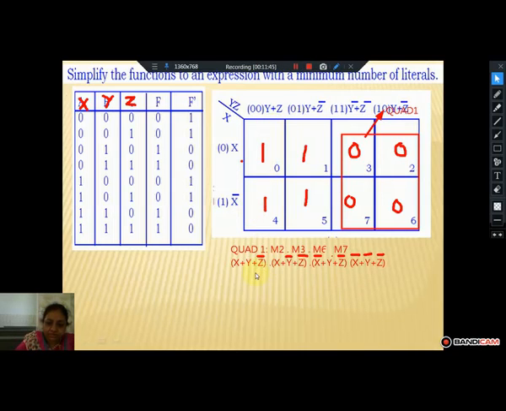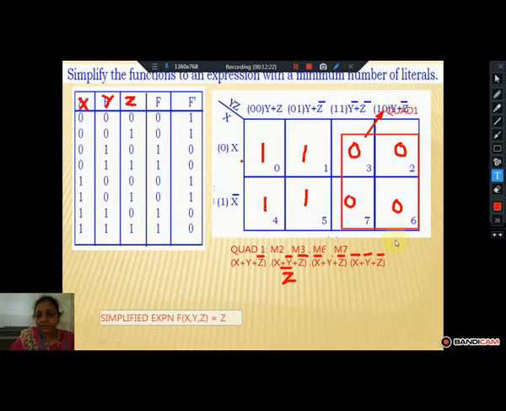Now the common term in all the expressions is Z bar. So the simplified expression for f of x comma y comma z is equal to z bar.